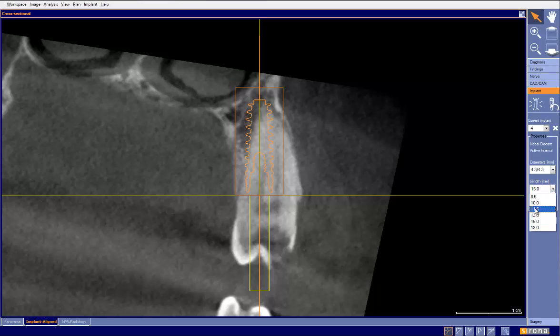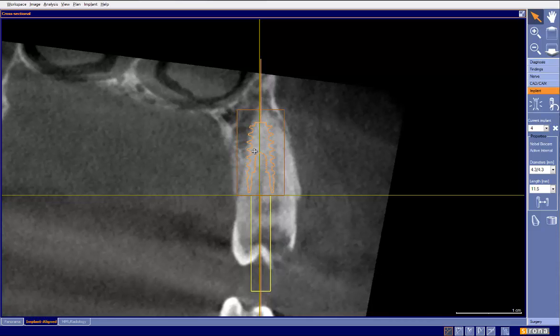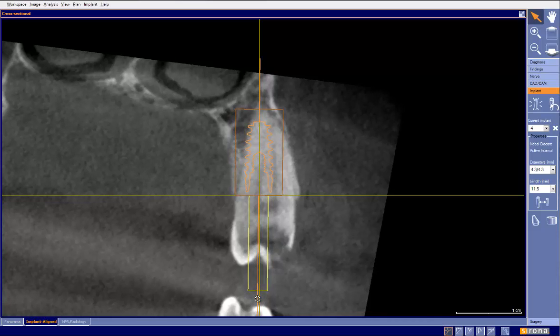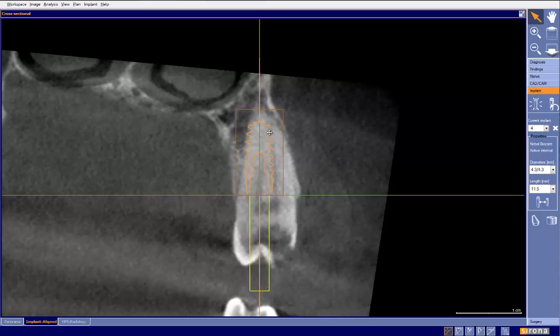And then more than likely we can get away with an implant this long even. Now we take this apical area out of consideration, we take the sinus out of consideration, and then we can suddenly start almost going back where the root was and get an even better position, because this area where the tooth root was is now filled in with bone.